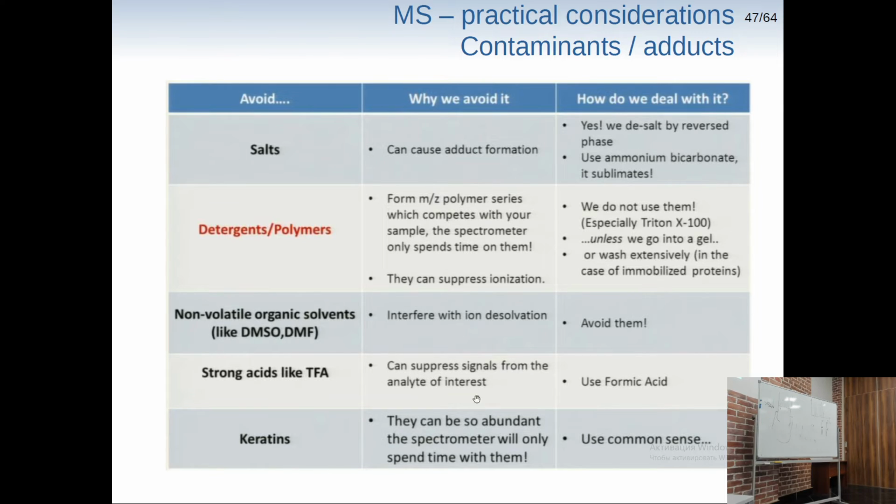You can see that we can avoid it simply, and there are different ways we can overcome those problems. But again, salts, detergents, and some other chemicals are not compatible with our mass spectrometry, and we have already seen that keratin can get into our samples quite easily. Actually, I've provided real data where there was cat keratin in human samples.